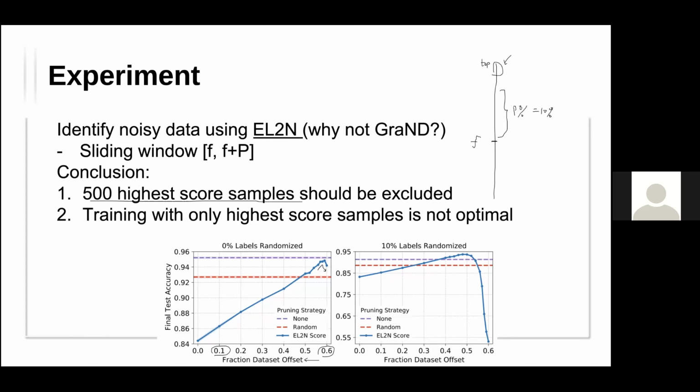So they should be the highest score samples as well. So the noisy samples would be here. And when you increase the fraction data set offset, you will see this drop in performance because you include the noisy samples.